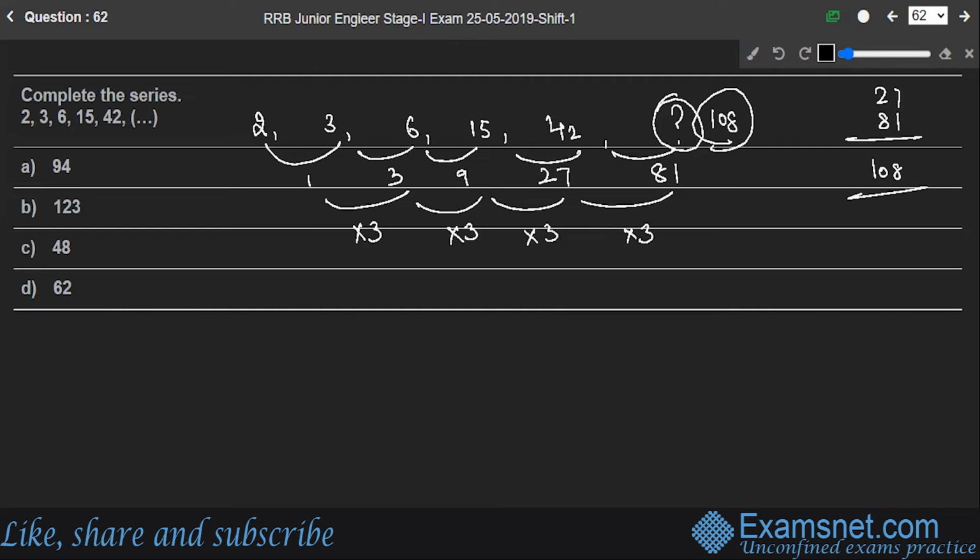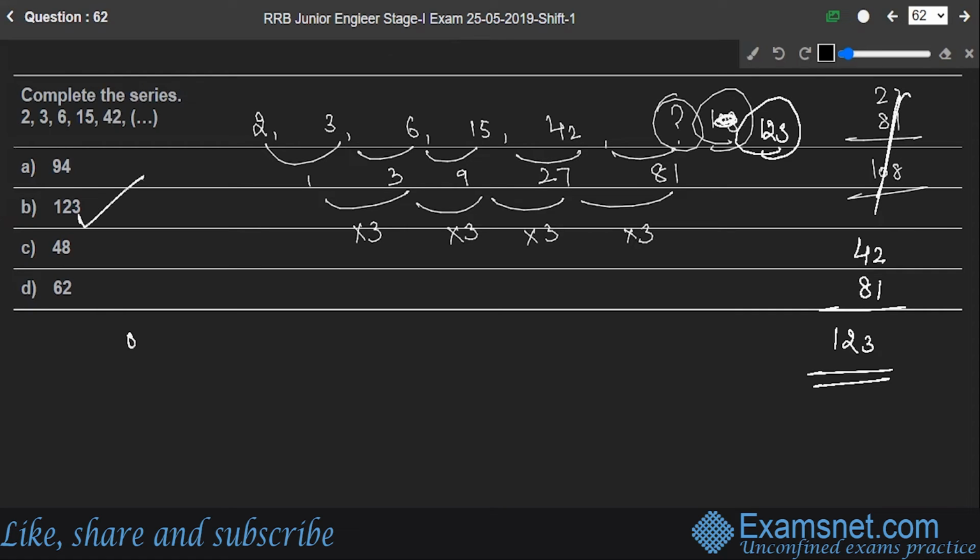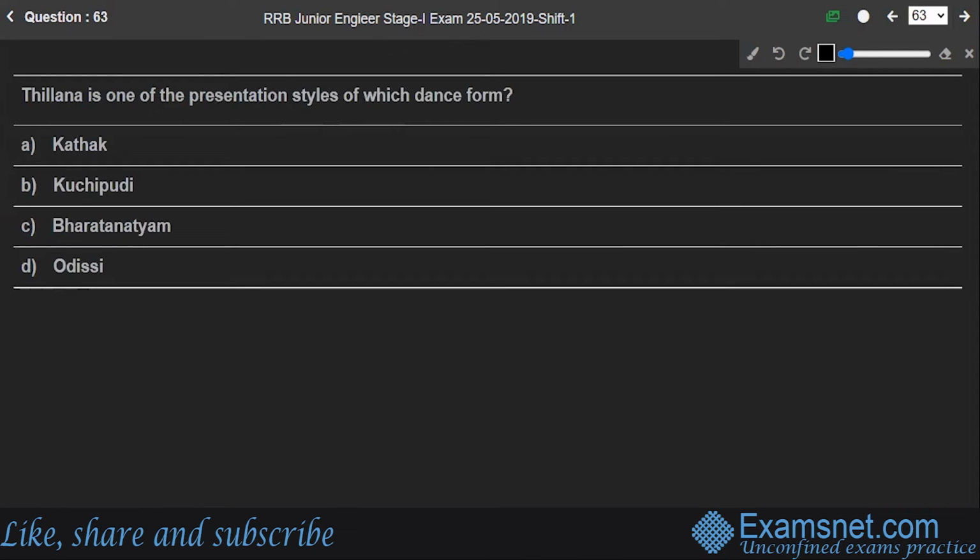Sorry, it has to be added to 42, not 27. So 42 plus 81 gives me 123. Okay, so this is the answer. Option B is the right answer to the question. Hope you understood that. Next is question number 63.